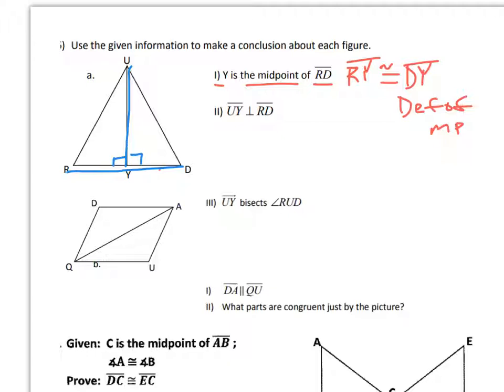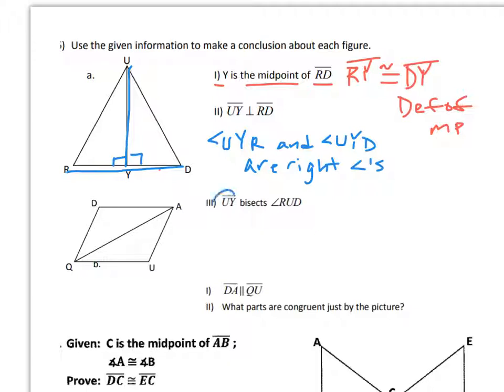So that means automatically that angle UYR and angle UYD are right angles. After that, since they're right angles, I can conclude that those two things are congruent because all right angles are congruent. I can also conclude that those two triangles are right triangles by definition of a right triangle.